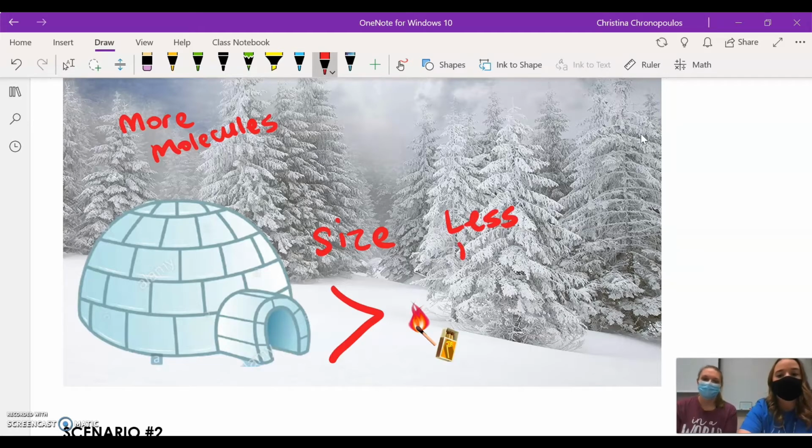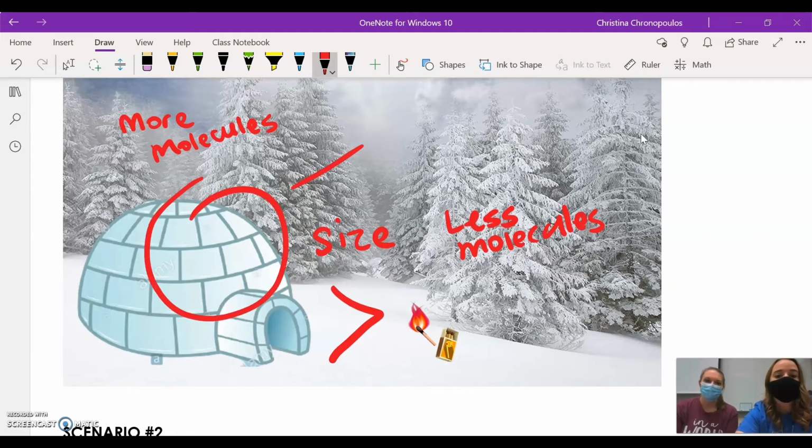And because it has more molecules than your match, it has more total heat than the match. So it has more particles, even though those particles are not moving as quickly as they are in the match, because there are more of them, if you were to add up their individual speeds, it would total more motion, more kinetic energy than the match. And therefore it has more heat. So in this case, the igloo has more heat because it has more particles.